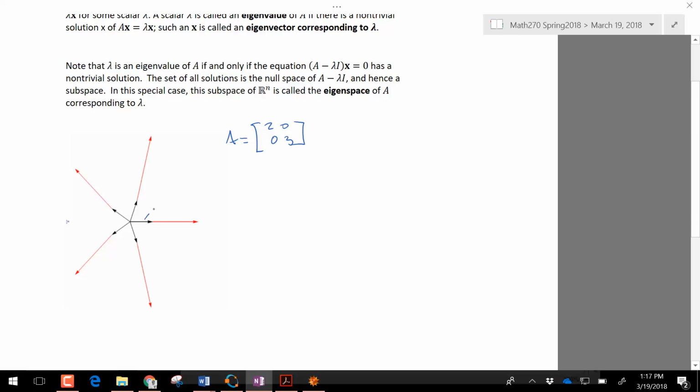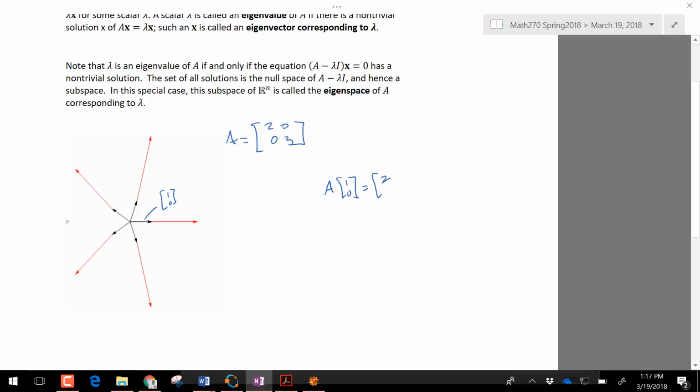So it takes, for example, this vector. This is the i vector, (1, 0). And then you apply A to (1, 0), and what are you going to get? (2, 0).